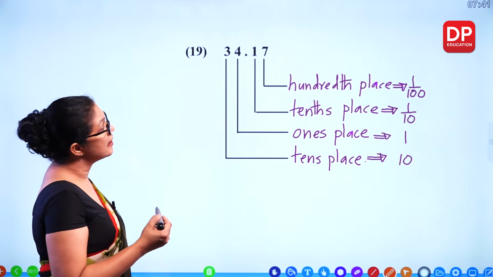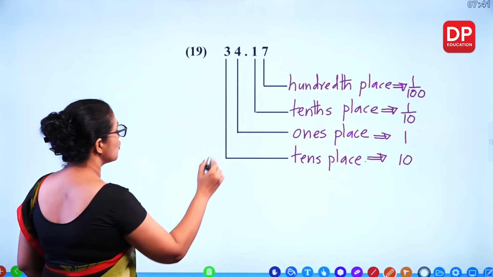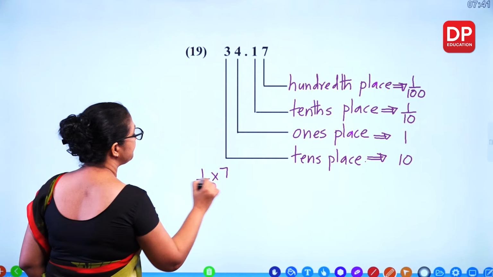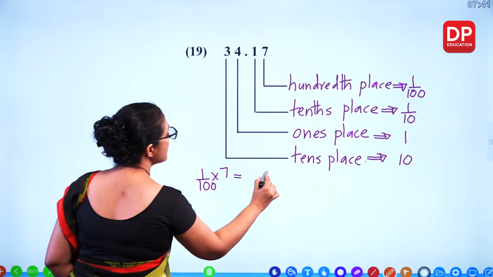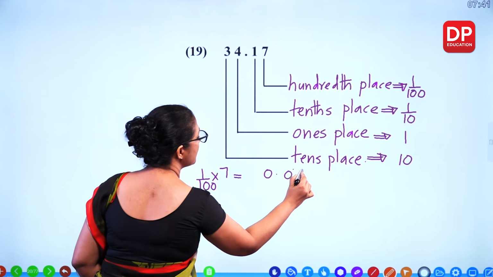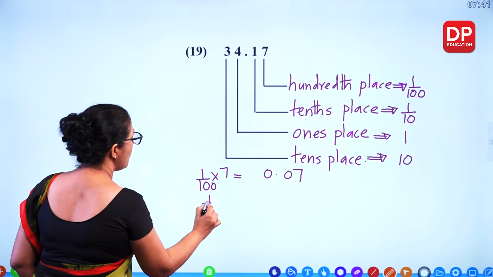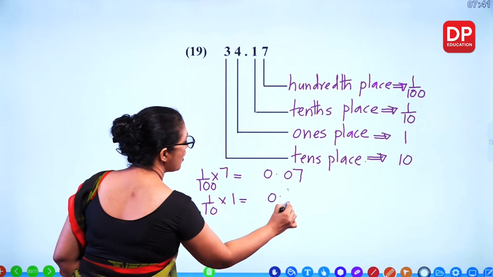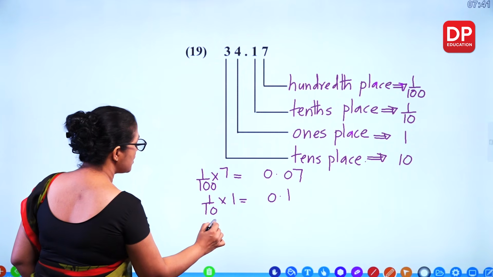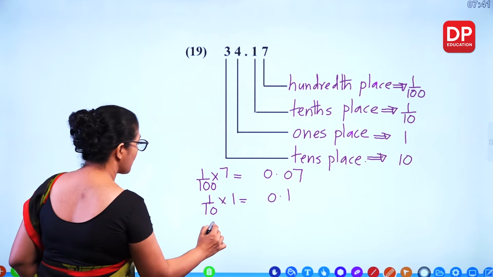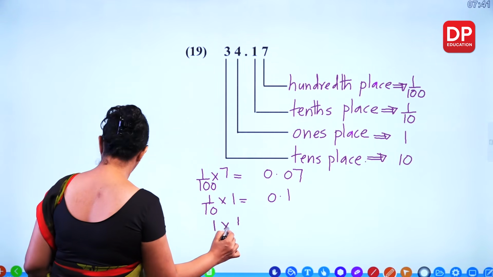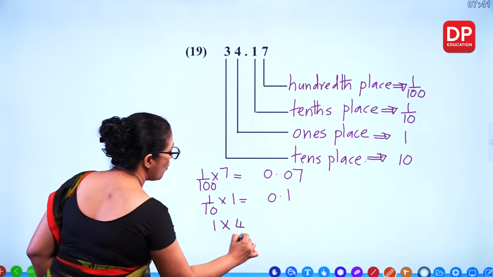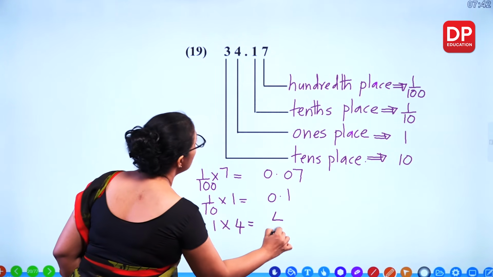So value wise, 1 over 100 times 7 is 0.07. 1 over 10 times 1 is 0.1. 1 times 4 gives you 4 here.